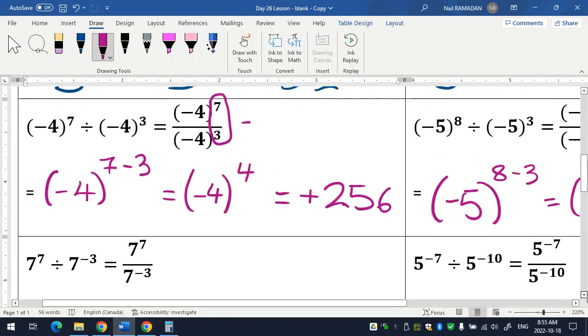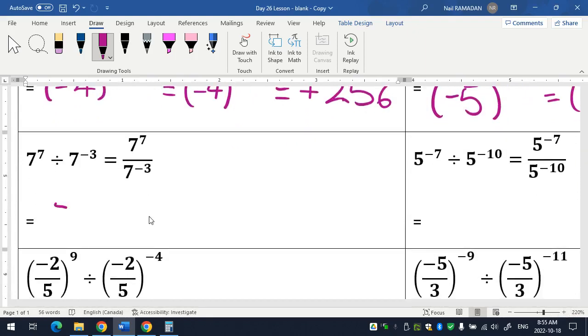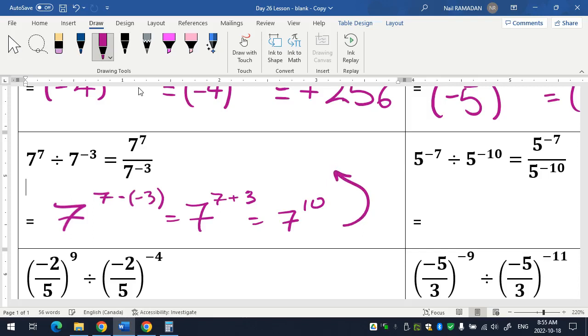Okay. So it's 7 to 7 minus 3, which is 7 to the 7 plus 3. So that's a 3. Which is 7 to the 10. Now that's got to be a big number. Probably I'm going to need to put it here.